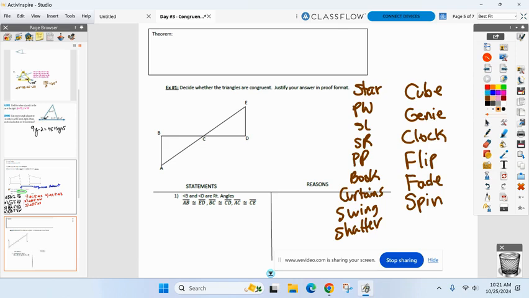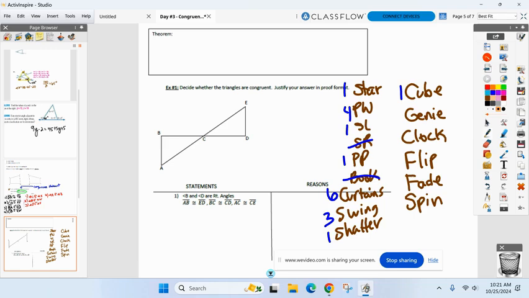Okay, we ready to vote so I can move on? Top vote getter, remember. Vote for who you want. Anybody think it's going to be star next? Pinwheels. Slide left. Right. Double. Book. Curtains. Remember, you can only vote once. Swing. Shatters. Cube.